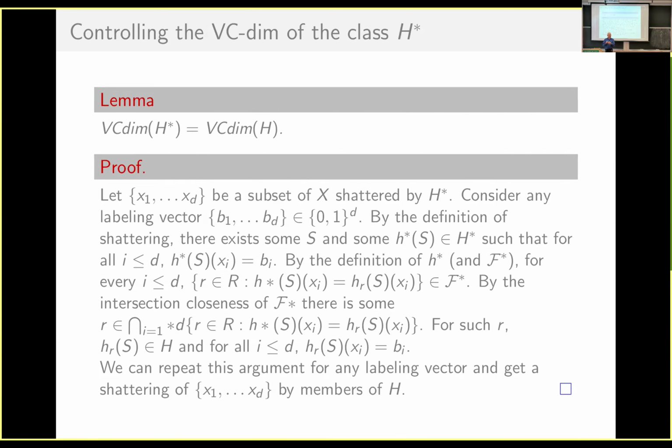It's the intersection of the big sets that give me the value on each Xi. It's a member of the ultrafilter, so it's not empty. It's not empty means that I have an original h there, because the ultrafilter doesn't contain the empty set. So there is an original h that gives me all of those values. So this set is shattered by the original class H.